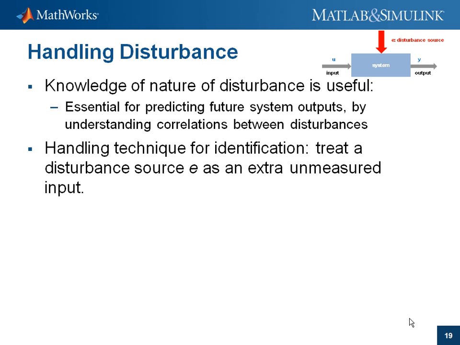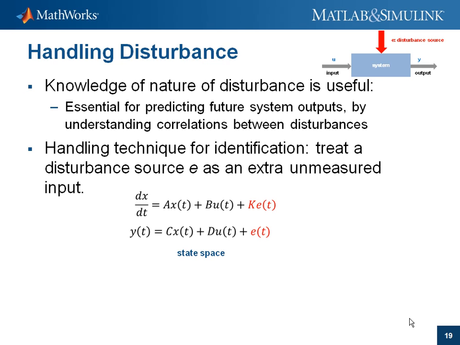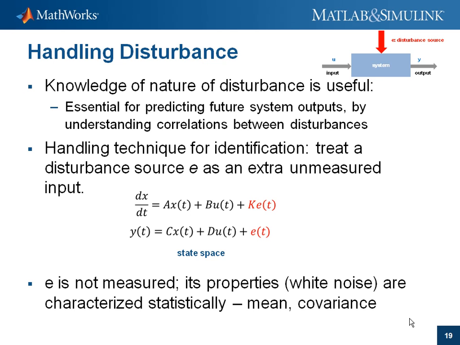The disturbance can formally be treated as an additional unmeasured input, simply by adding it to a transfer function or state space model in the same way as U enters. Since E is not measured, we must assume that it has some predetermined properties, typically that the disturbance source E is white noise, that is, E is a sequence of independent random variables.